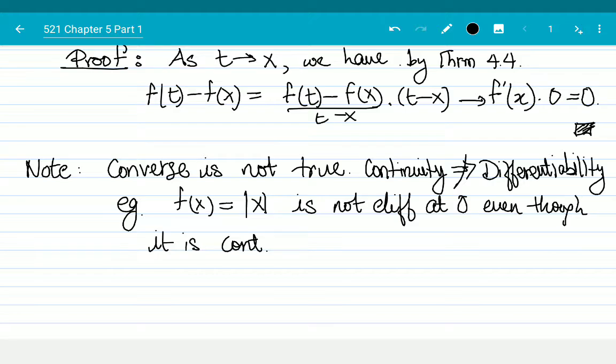So what properties do hold true? What can we say about differentiable functions? Theorem 5.3.